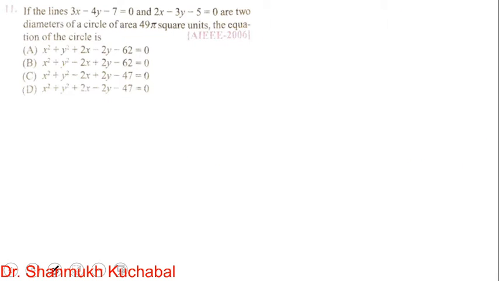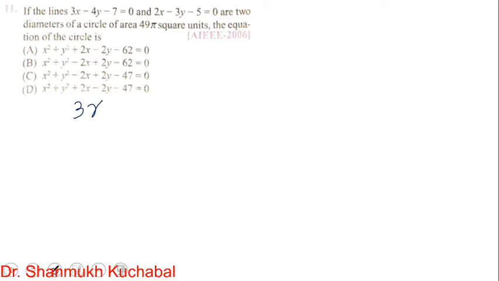We'll move to our next example. The question is, if the lines 3x minus 4y minus 7 equal to 0 and 2x minus 3y minus 5 equal to 0 are two diameters of a circle of area 49 pi square units, what is the equation of the circle? So they have given two equations. Those equations we will take.